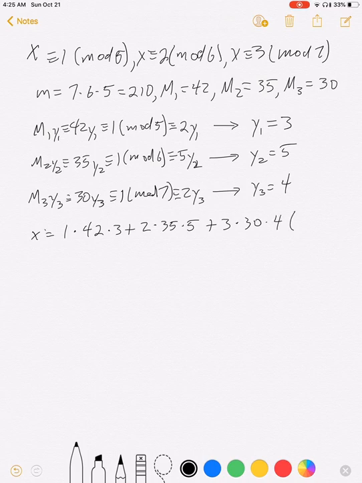And that's actually a congruence under the modulus of 210, and that is congruent to 836, but that is congruent to 206 if I take the remainder of 836 with respect to the modulus 210.